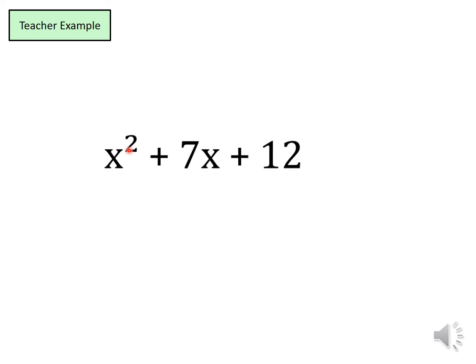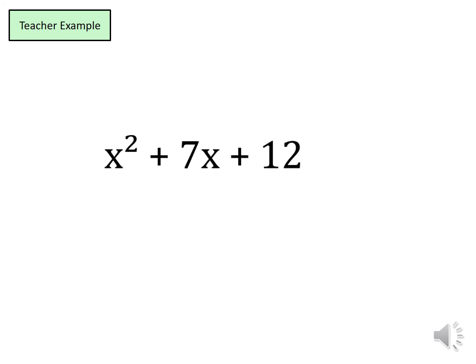When you have a quadratic, you can see I've got x's here, I've got x's here, but I don't have any x's there, so there's no letters common in any of the terms. I've got a 7 here and I've got a 12 here. Now there's no common factor between 7 and 12, besides the number 1, which we can't use. So here is where we have to use the sum and product rule.